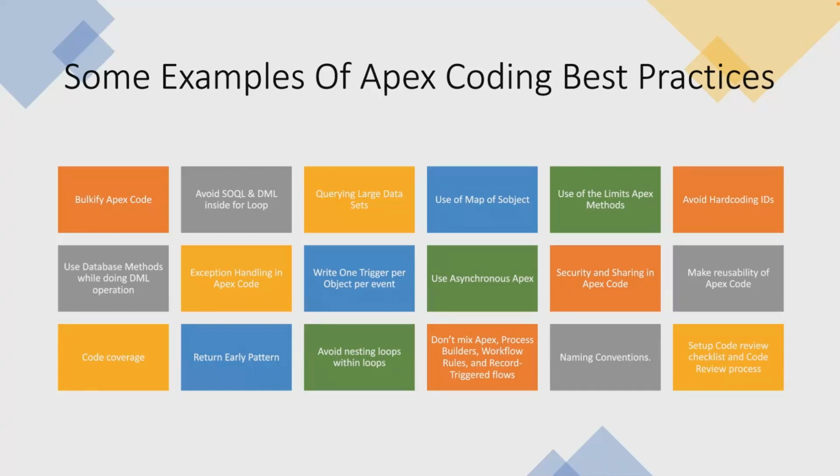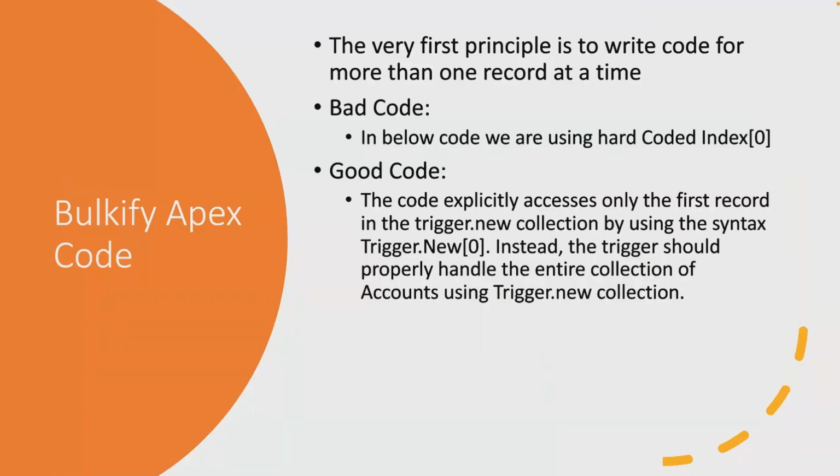Okay, so for these examples, I kept a small description to understand the usage of each example. First is bulkifying Apex code. Bulkifying Apex code means that whenever we write code, we have to remove the hard-coding style of writing.